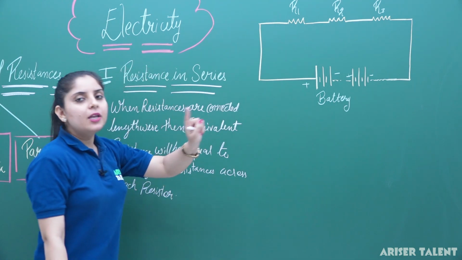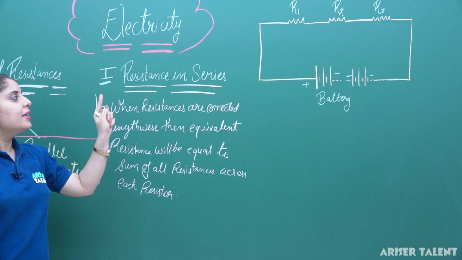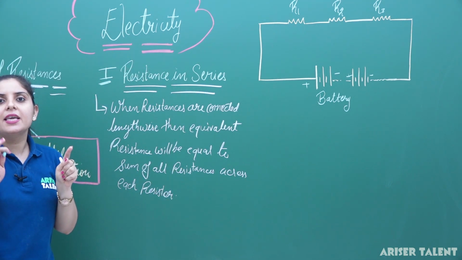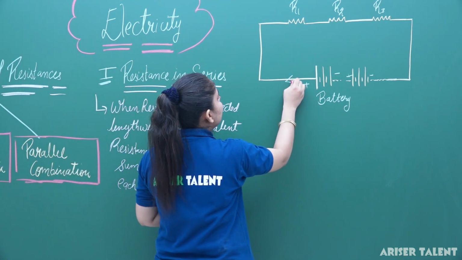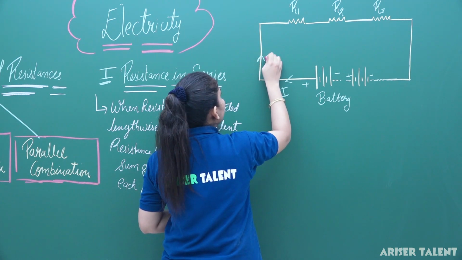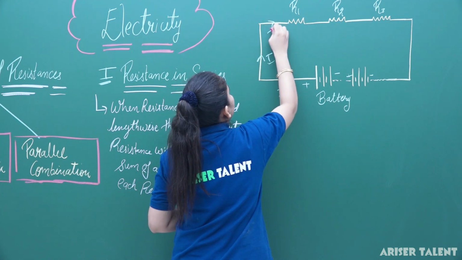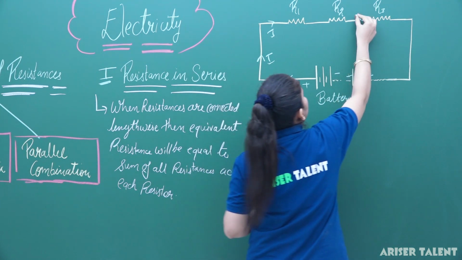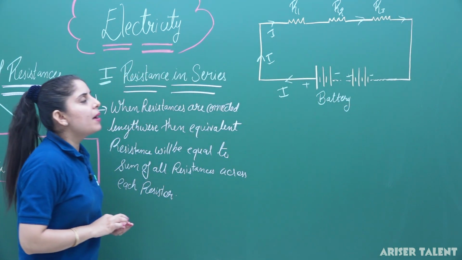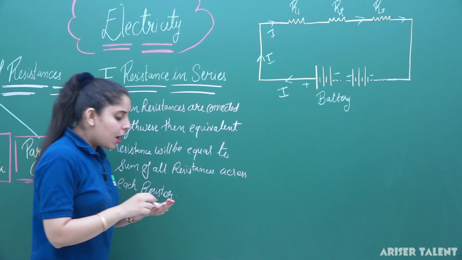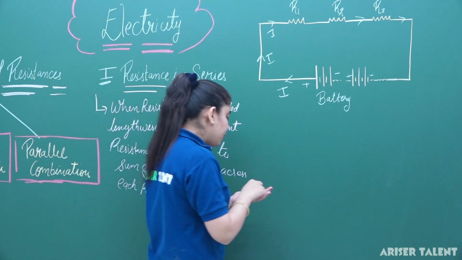Now, the two points we have considered here: in the case of series combination, the same current flows throughout the conductor. So the current will be flowing like this, that is I, and in the entire system the current will be I. But keep in mind that the voltage drop across each resistor will be different.